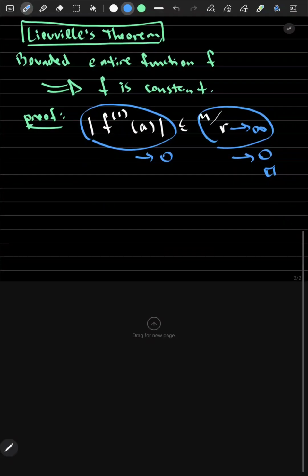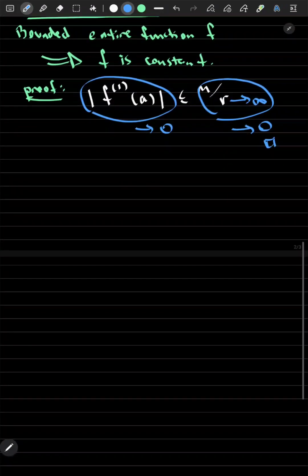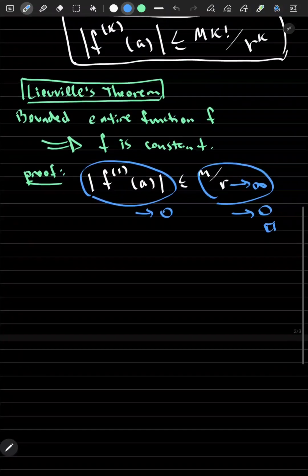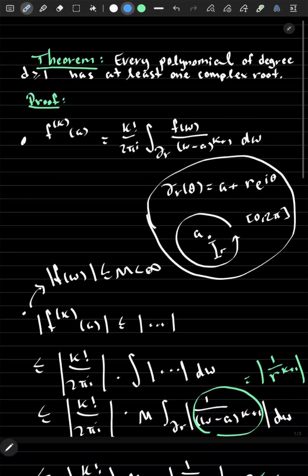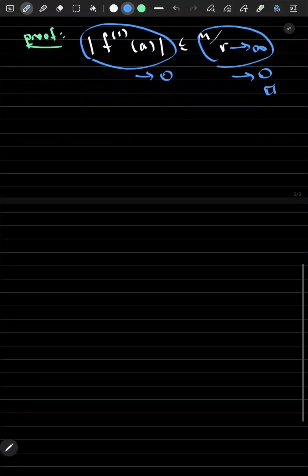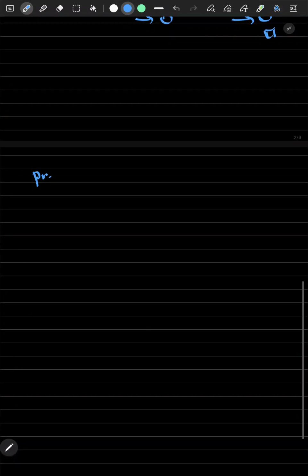Okay, so that's Liouville's theorem, and using Liouville's theorem we can prove our original proposition, which is that every polynomial of degree d greater than or equal to 1 has at least one complex root. So let's prove that here. Now the proof of the fundamental theorem of algebra, we're going to do this by contradiction.